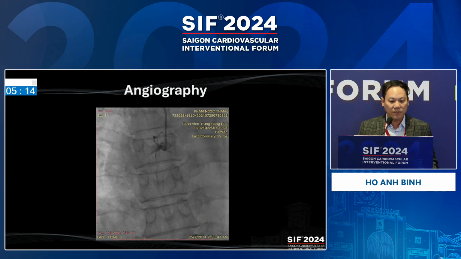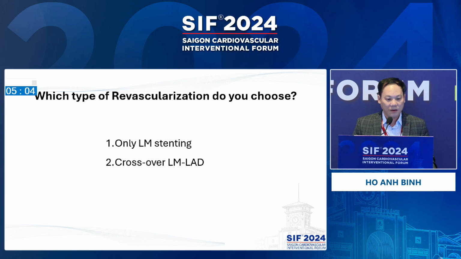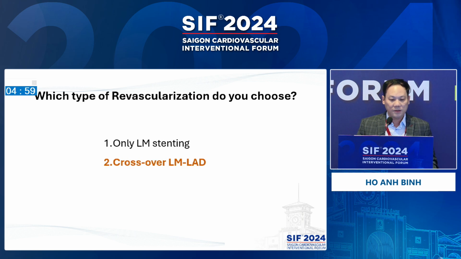And unluckily, the patient also had a CTO on the right side, but the patient refused to do bypass surgery. So we chose, because it's lucky that in the ostium of the circumflex there are no lesions, the crossover left main to LAD.